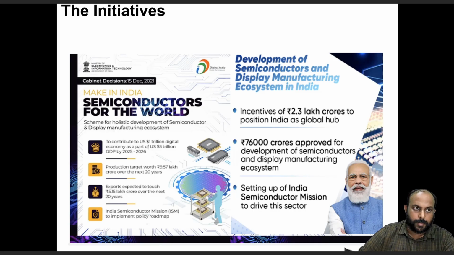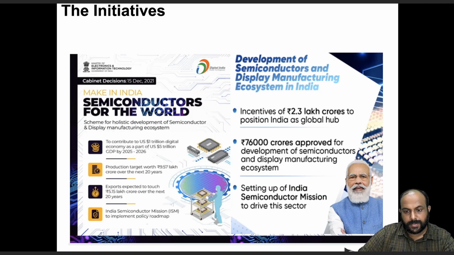If you look at the government initiatives, you can find that the Government of India has recognized the importance of both capacity development in VLSI as well as infrastructure development. What you see in the slide is the cabinet decision of 15th December 2021, where a total of 2.3 lakh crore of incentives are being pumped in to position India as a global hub of electronic productization.